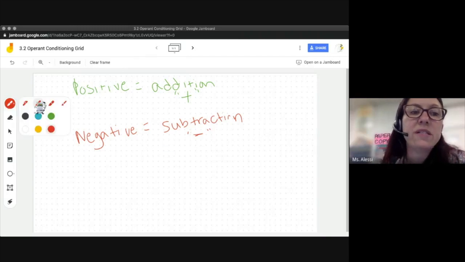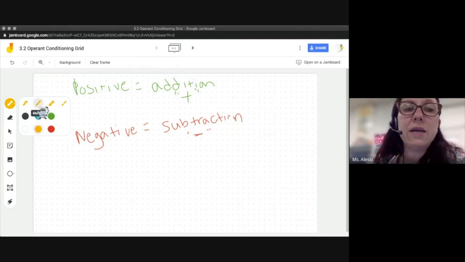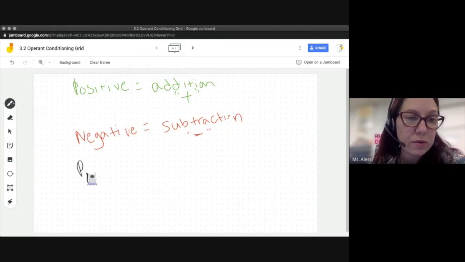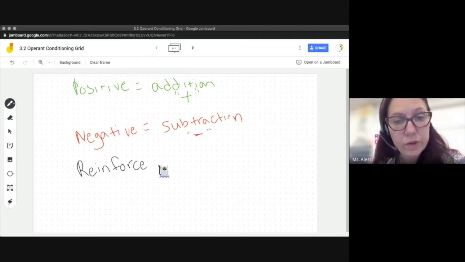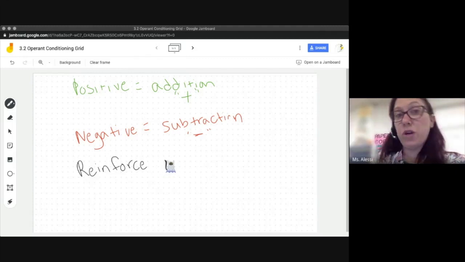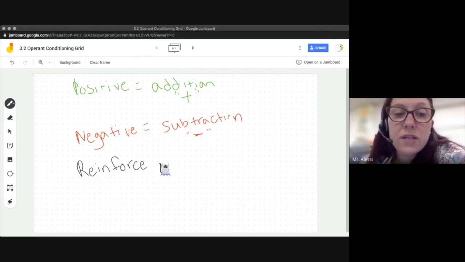The other two pieces that get us kind of confused when we talk about positive reinforcement is the word itself, reinforcement. So when I'm talking about something that I want to reinforce, if you think about a house, it has reinforcements in it, right? Or you're building a fort, or you're playing a game and you need to bring in reinforcements, you want to increase that, right?